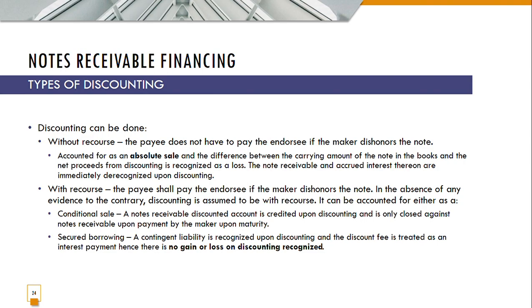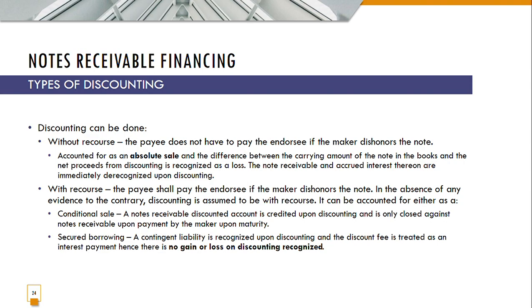If the discounting is done with recourse, then the payee has an obligation to pay the endorsee if the maker dishonors the note. In the absence of any evidence to the contrary, it is assumed that discounting is done with recourse. You can account for discounting with recourse as a conditional sale or a secured borrowing.